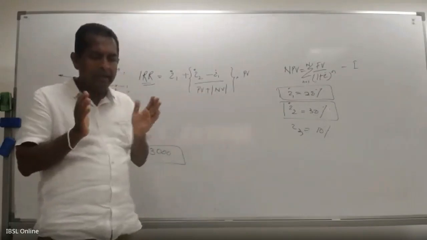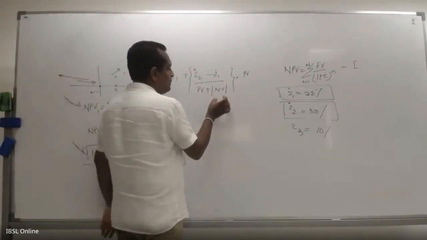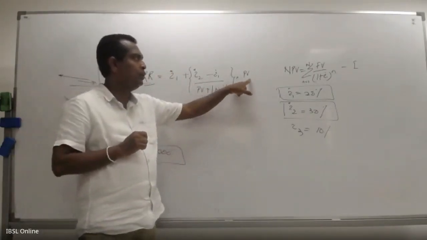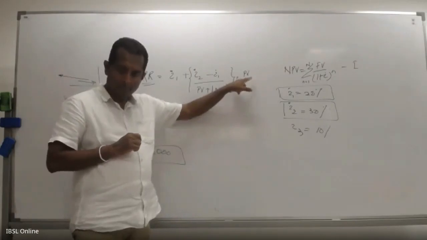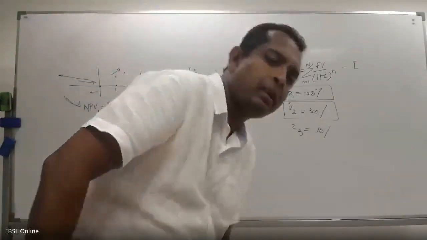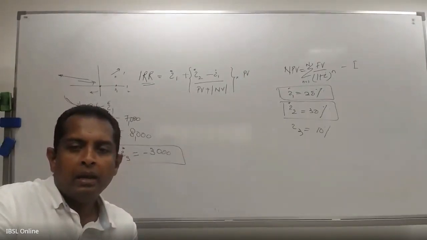Then forget about the negative sign. You take the pure value of the negative NPV divided by that, into the positive value again. So that gives you the IRR.